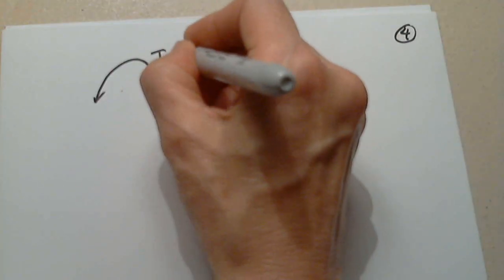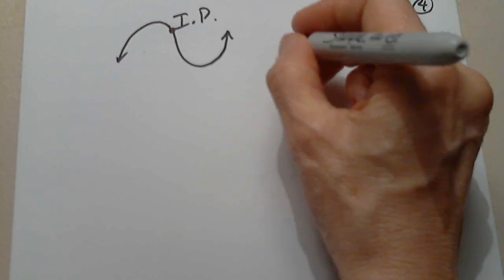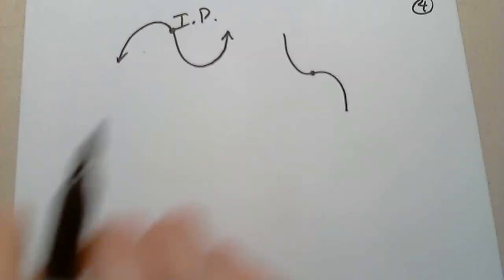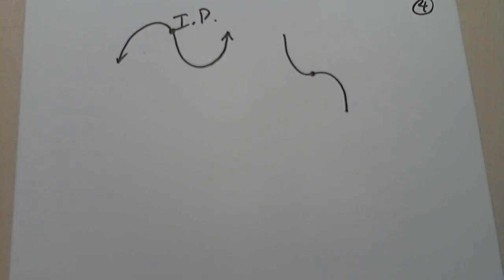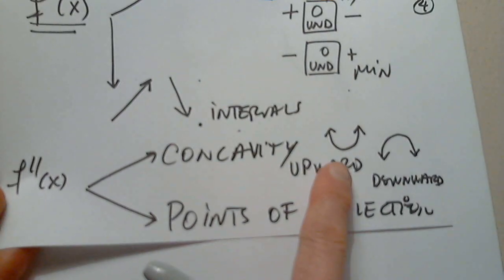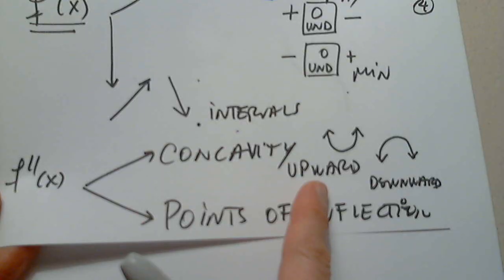This is the IP, the inflection point. Or from opening upward to all of a sudden opening downward. Notice that this is not a point of max min. This is a point where the function changes concavity from opening upward to opening downward, or vice versa, from opening downward to opening upward.